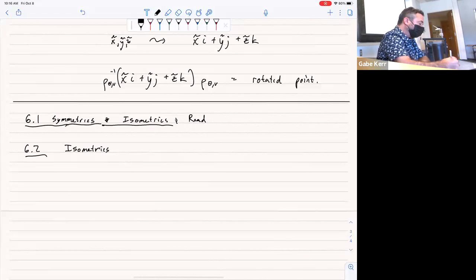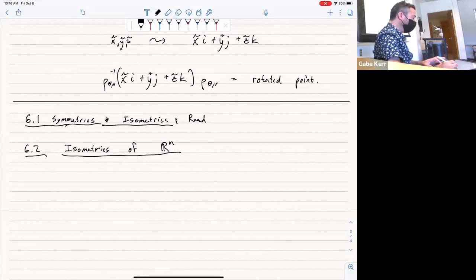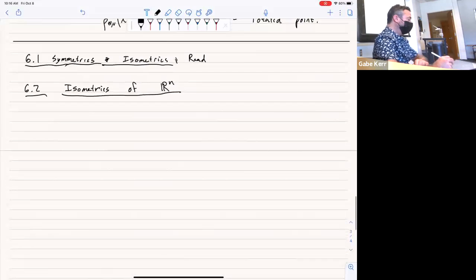And this is not very far from what we've just been doing. There's one result I want to state and take a quick look at. So what is an isometry of Rn? It's a definition.